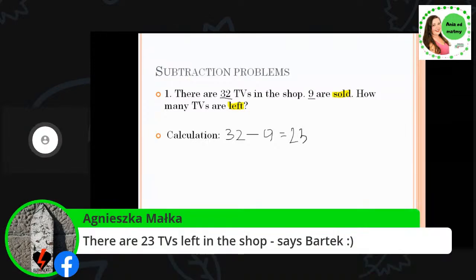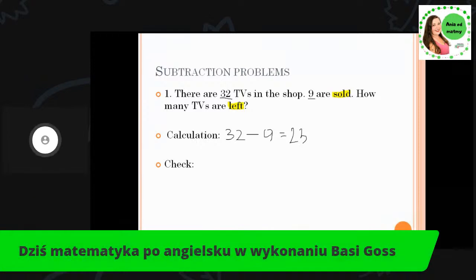The next step would be check. What are we going to use to check the subtraction? Can you write the check? And we already have some answers here. That's very good. People work really fast.